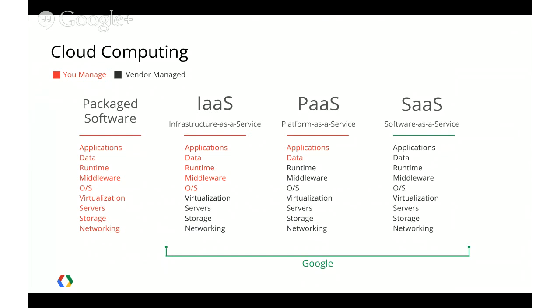But what you do have to manage still is your operating system, any middleware, and your applications and data. So you're responsible for manually or programmatically doing scaling, load balancing, failovers, COOP type implementations, and things like that.